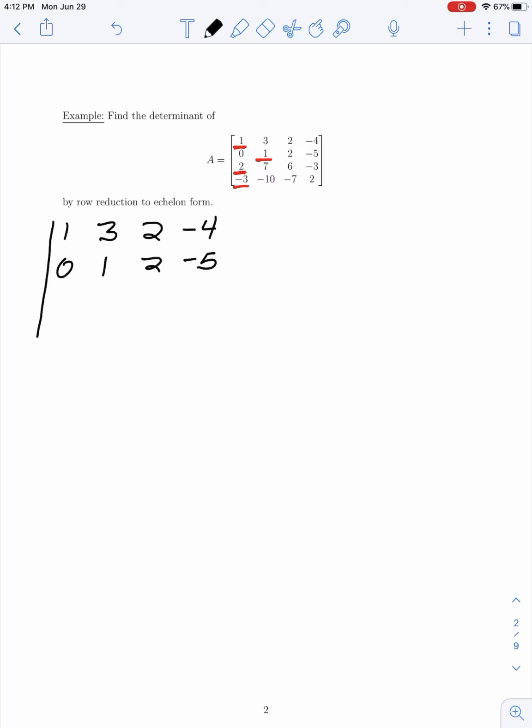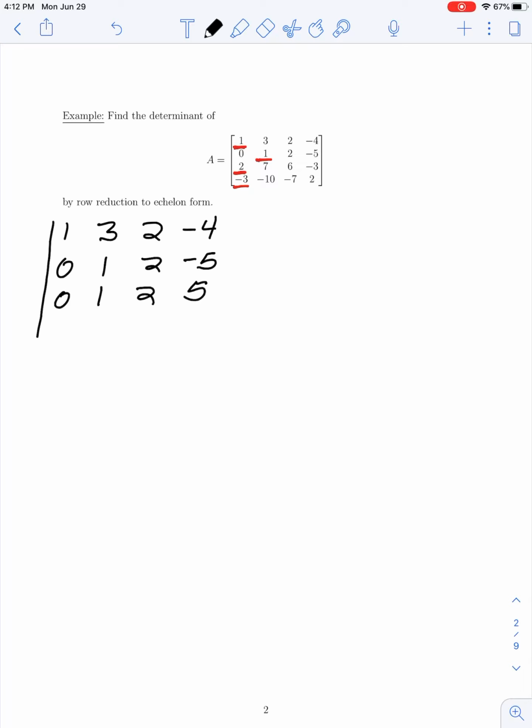So our negative 2 plus 2 becomes 0. We've got negative 6 plus 1, plus 7 is 1. We would have negative 4 plus 6 is 2. And then we would have a positive 8 minus 3 is a positive 5.